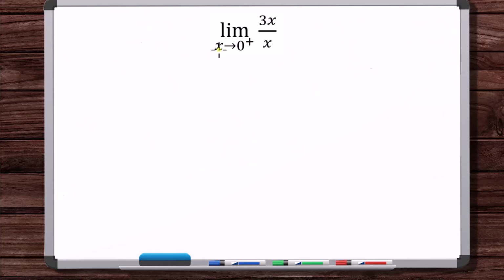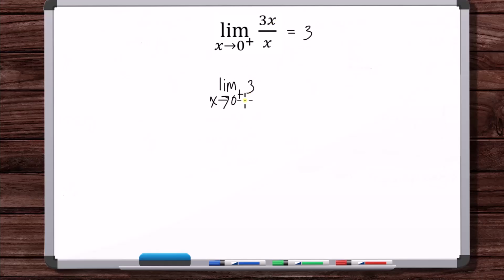Okay, the limit as x approaches 0 from the right of 3x over x. So we can cancel out those x's and get 3. Okay, so what exactly are we dealing with here? The limit as x approaches 0 from the right of 3 is just 3. And so this is equal to 3. This function simplifies to the constant function y is equal to 3.